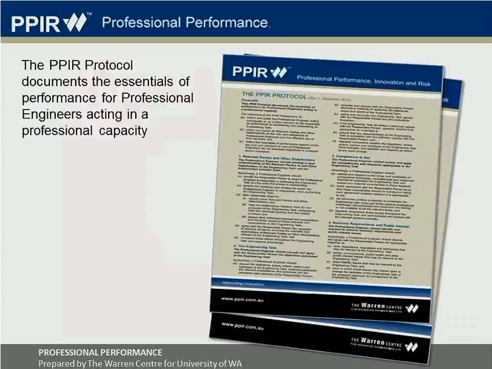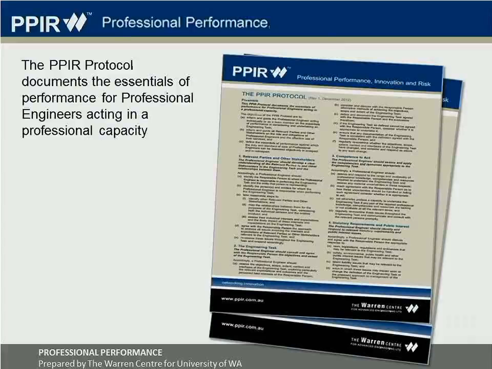So PPIR, that's a slightly longer acronym, is Professional Performance, Innovation and Risk. It's a whole set of documents that define a protocol that's been developed by the Warren Centre, as I said, at the University of Sydney, all about acting in a professional way as an engineer.